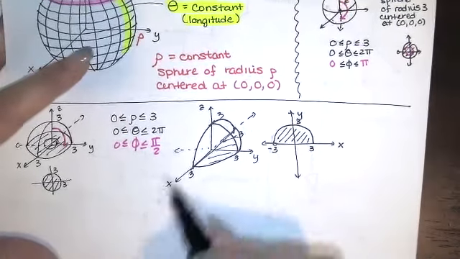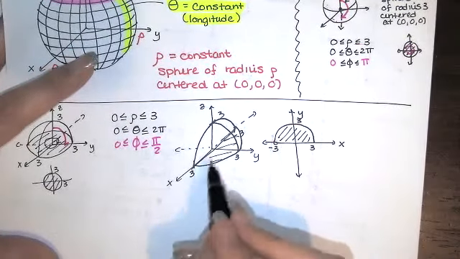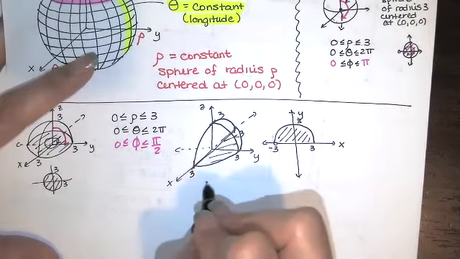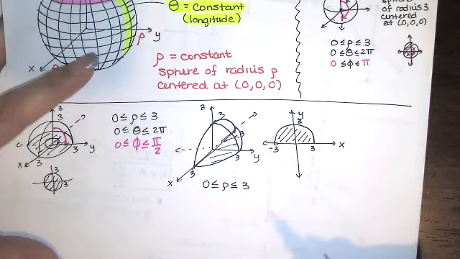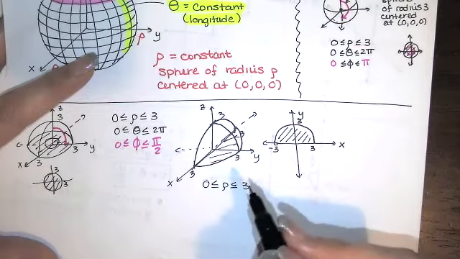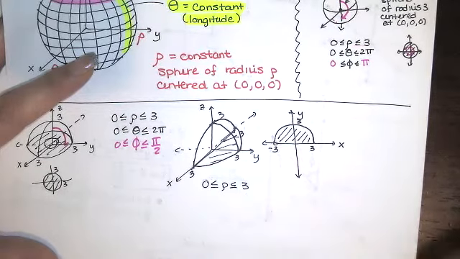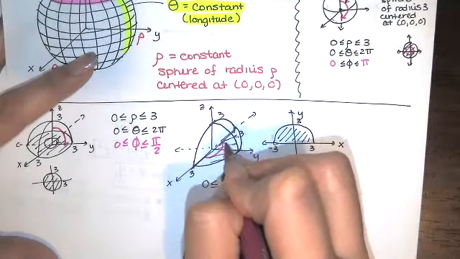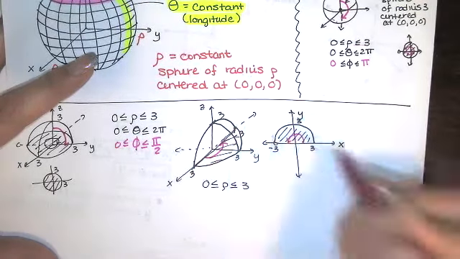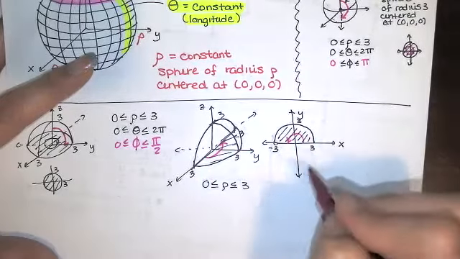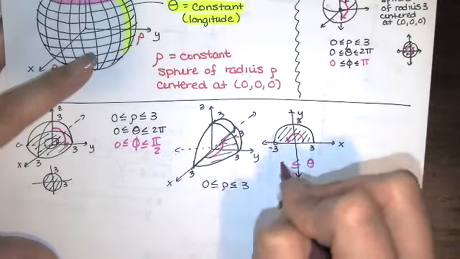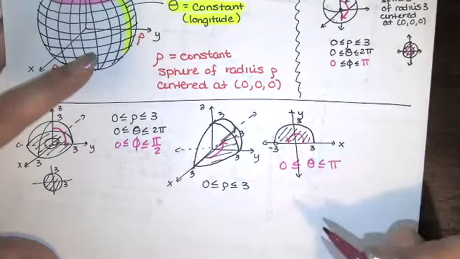For this, if this is part of a sphere centered at the origin, a solid sphere, rho still goes from 0 to 3. And then when I'm looking for my bounds for theta, I'm thinking of an angle that sweeps around the xy plane. So I can look at the projection onto the xy plane. I look at this and I see that theta goes from 0 to pi.